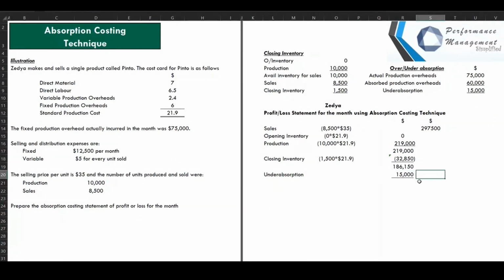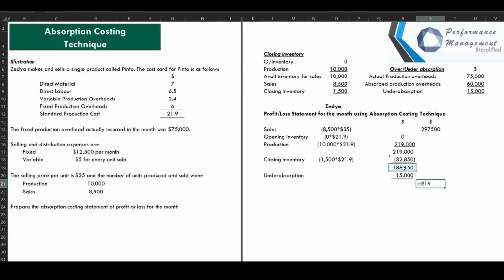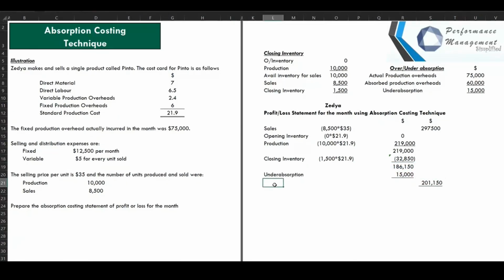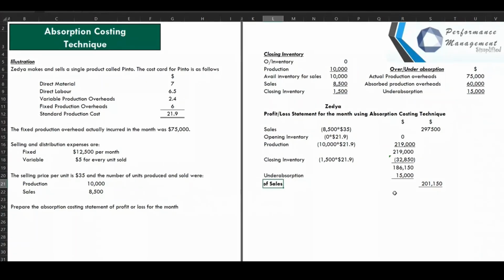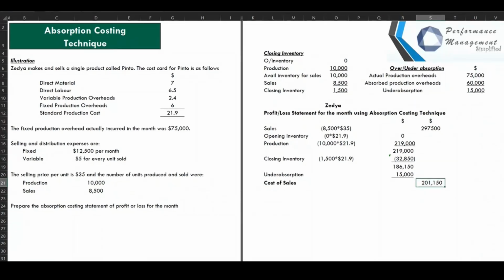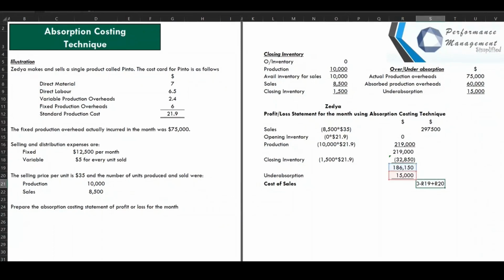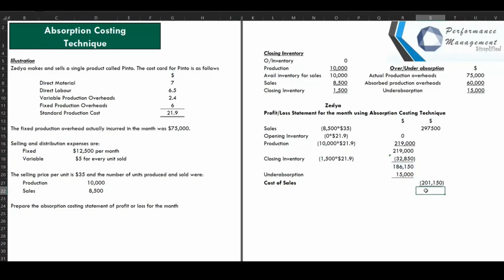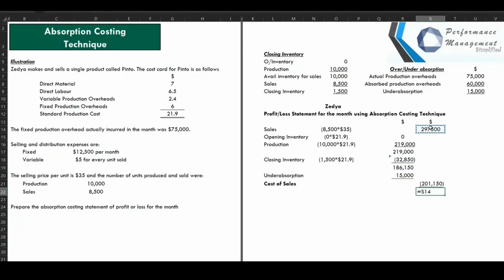So we have to bring it in as an additional cost, since we have understated our cost, and that will simply be the addition of 186,150 plus the 15,000. So I can call this my cost of sales. I can put my cost of sales as a negative sign as well, because I will be deducting that amount from the sales revenue. All right. So take away the cost of sales from the revenue.